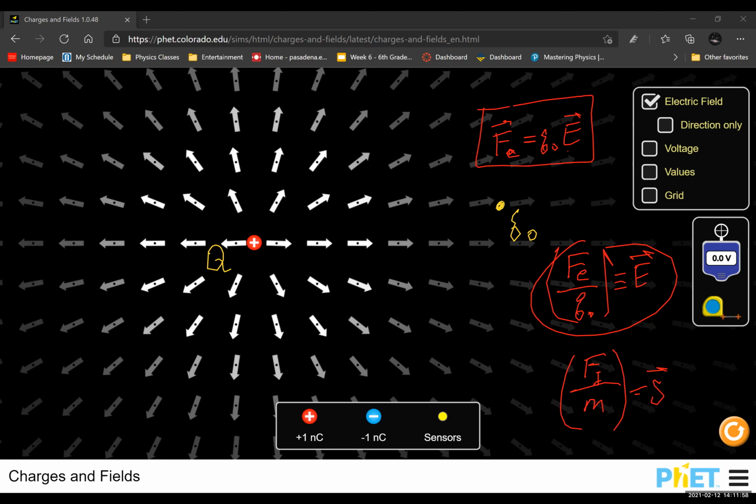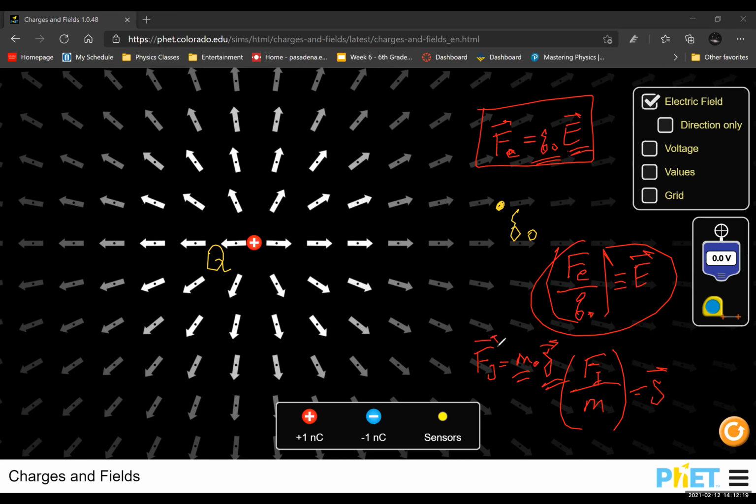What is the magnitude of the force? It's charge times the electric field. Just like what was the gravitational force? It's mass times the effect. So charge times the effect, mass times the effect, and that's where you hopefully can see the analogy between gravitational and electric interactions.